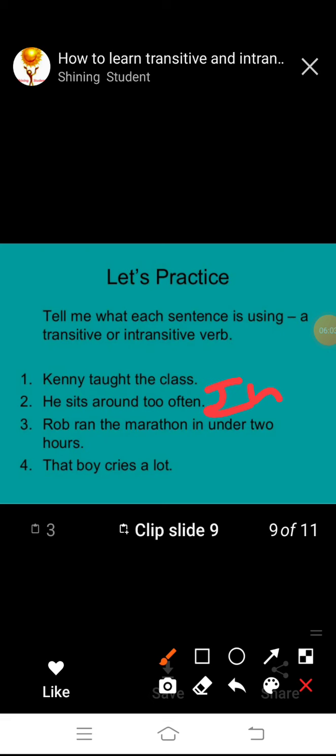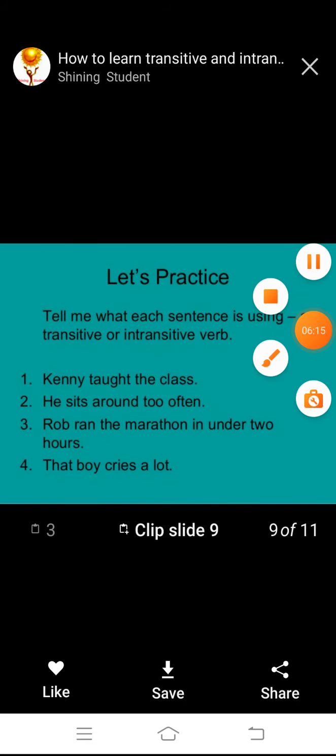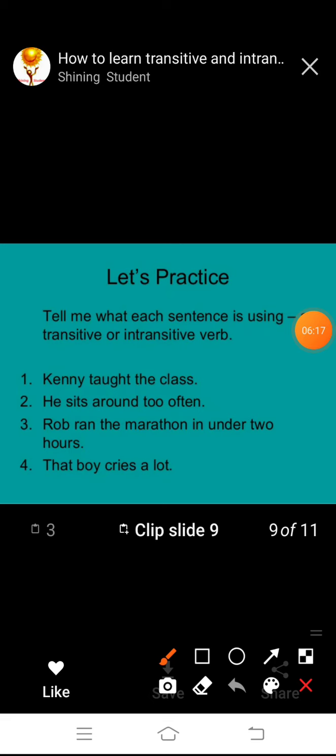Okay. Rob ran the marathon in under 2 hours. Rob ran what? The marathon. So it's transitive. The boy cries a lot. The boy cries how?